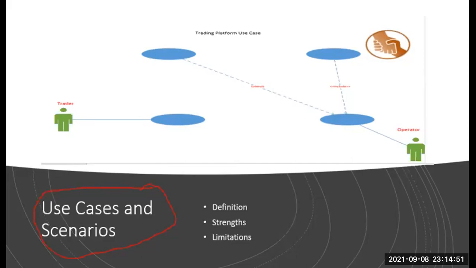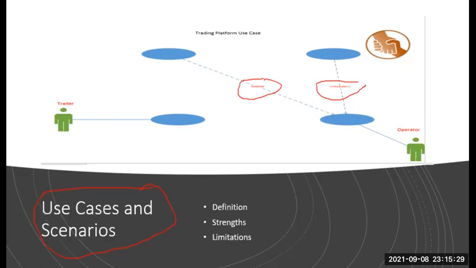Okay, so when we are looking at use cases, there are different things that we need to understand. You have an actor here, and then the most confusing thing here is the relationship. There are two types of relationships: one is extends and the other is includes. You use extends when you want to insert an additional behavior into a use case.